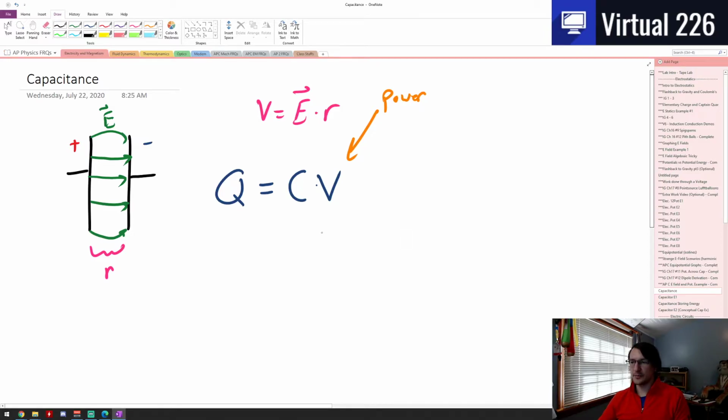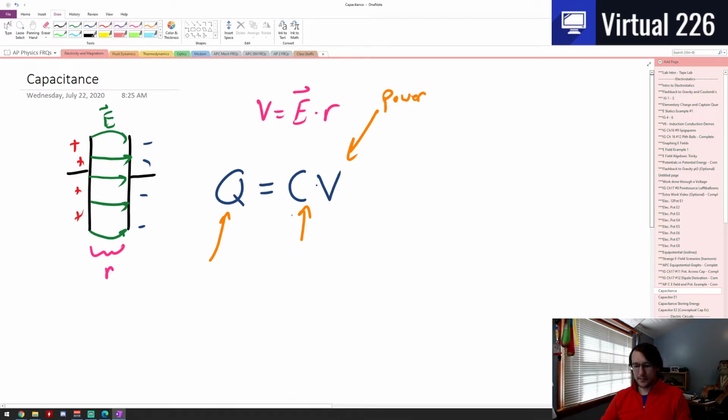This amount of charge, Q, is physically how much charge can you put on these parallel plates. What can you actually put on here? And the amount of charge that you could store onto this capacitor is entirely determined by the capacitance of the system, okay?